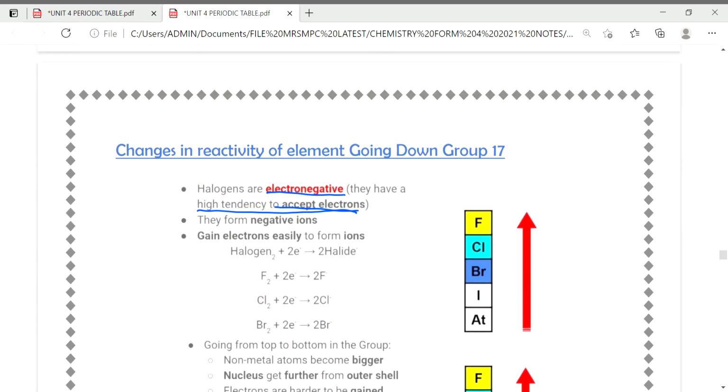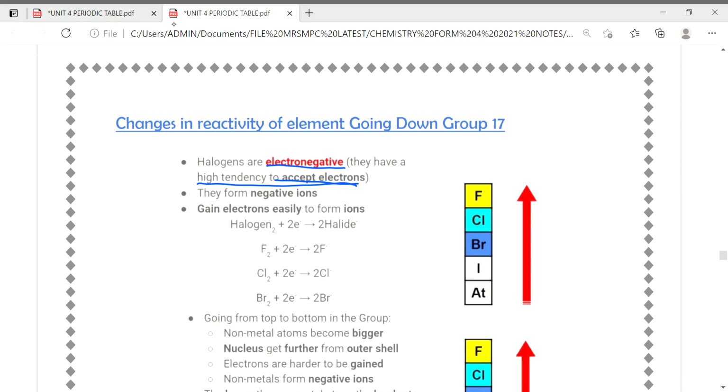Kalau group 1 apa yang kita dah belajar? Group 1 kita guna ayat electropositive. Electropositive means that easy to lose electron. Itu adalah untuk group 1, sebab dia memang melepaskan elektron. Kalau group 17, dia menerima elektron, kita panggil electronegative.